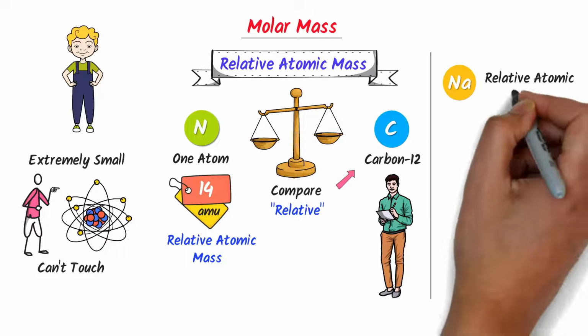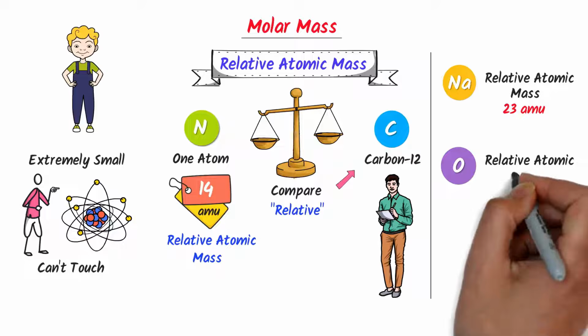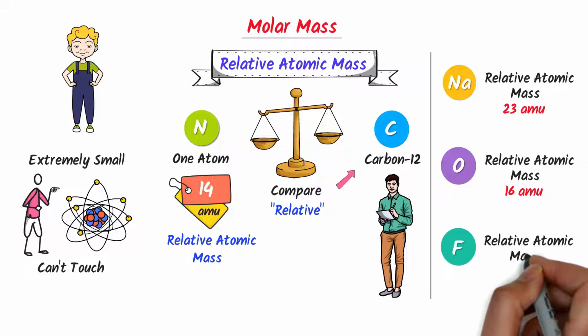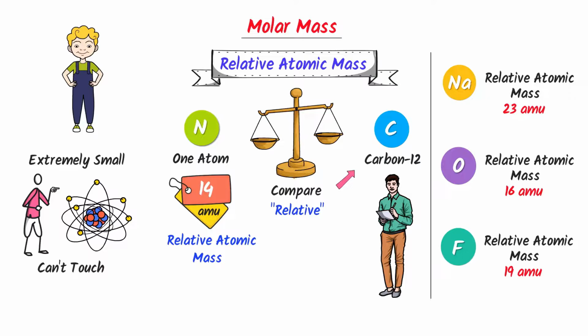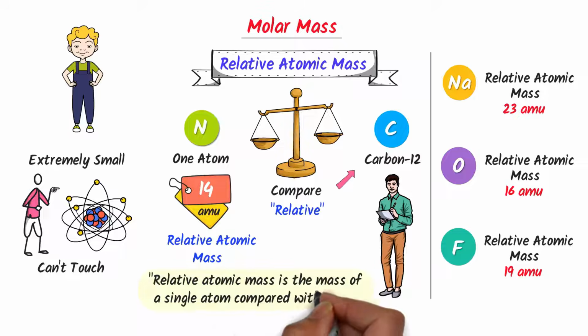Similarly, the relative atomic mass of sodium is 23 AMU, the relative atomic mass of oxygen is 16 AMU, and the relative atomic mass of fluorine is 19 AMU. Thus remember that relative atomic mass is the mass of a single atom compared with the carbon-12 atom.